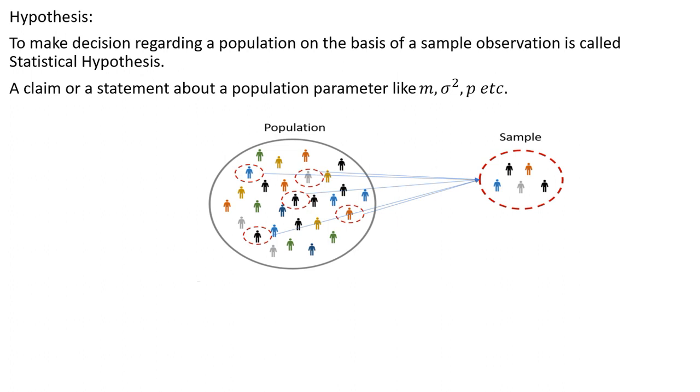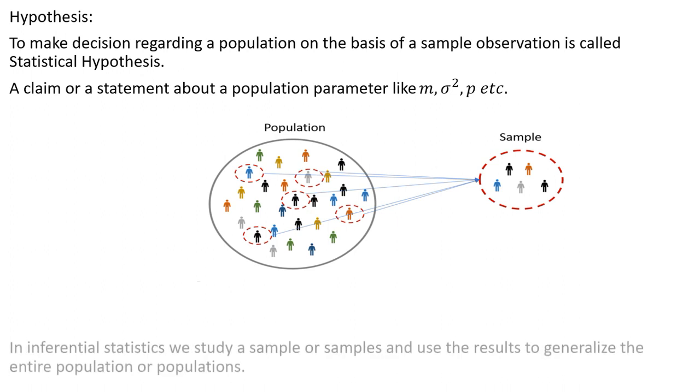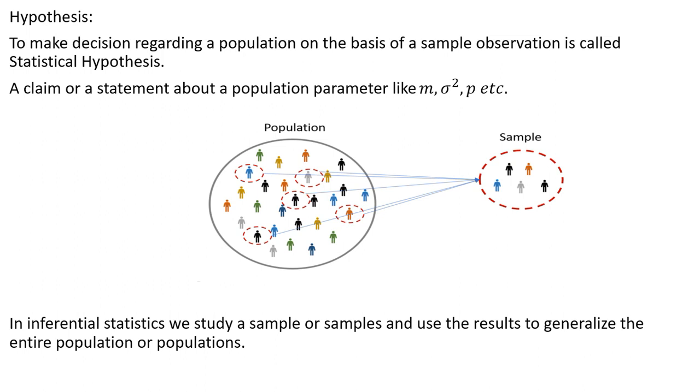This is a population, and a sample is a subset of that population, and by observing the sample we will make a decision on the population. In inferential statistics, we study a sample or samples and use the result to generalize to the entire population or populations.